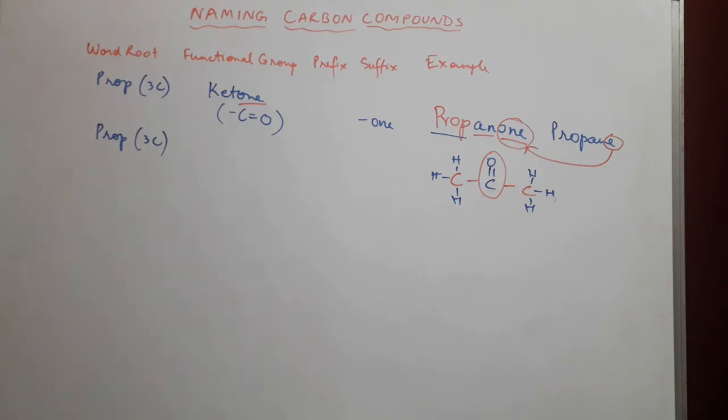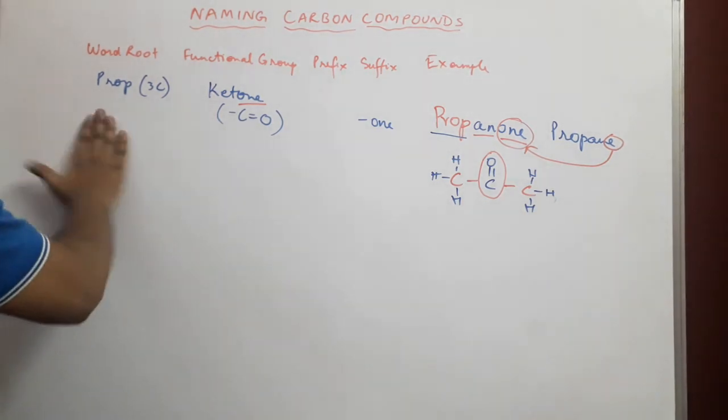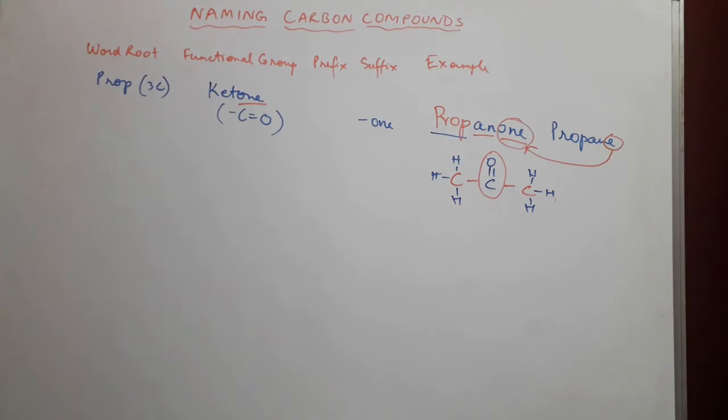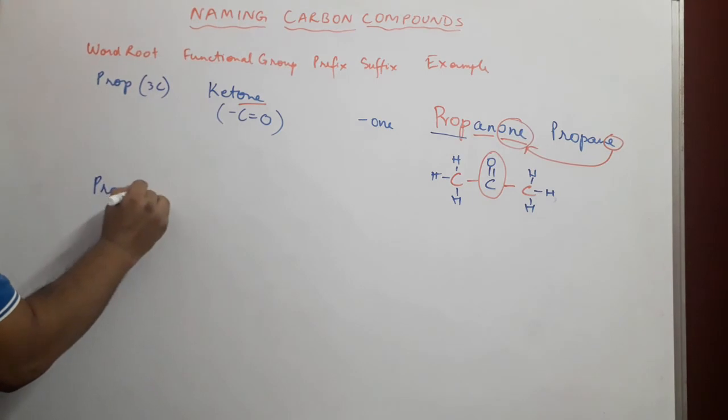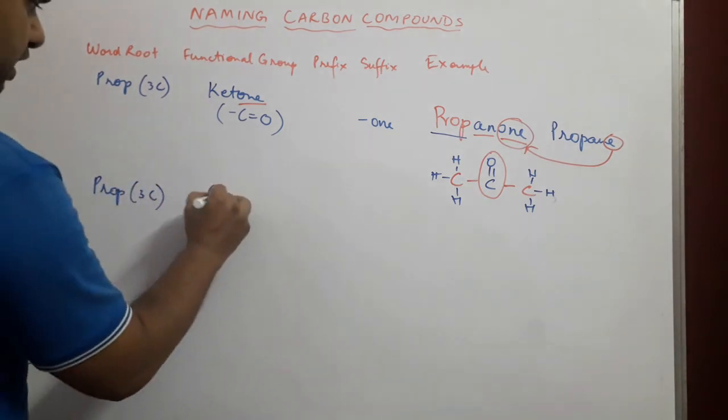Okay, we'll come to the last one, and once again that is carboxylic acid, and once again we'll take a word root as prop, that is 3 carbon atoms. I'll put it down over here, prop, and that's carboxylic acid.